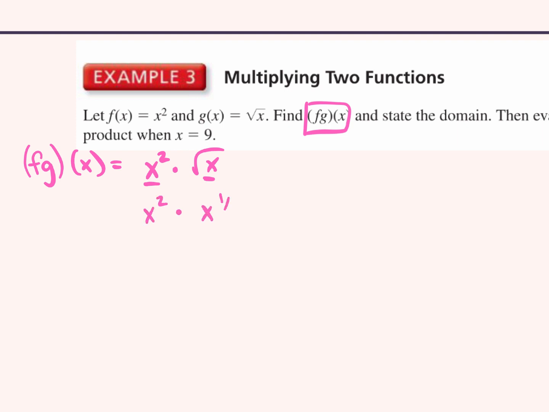X to the power of 1/2 is the same thing as saying square root. So when my bases are the same, what do I do to the exponents to combine? Add them. So this would be x to the power of 2 plus 1/2.